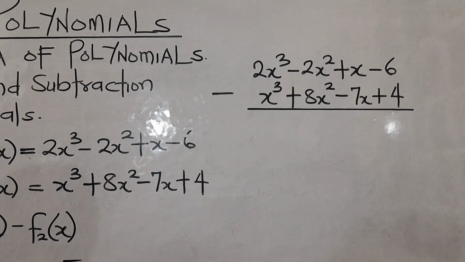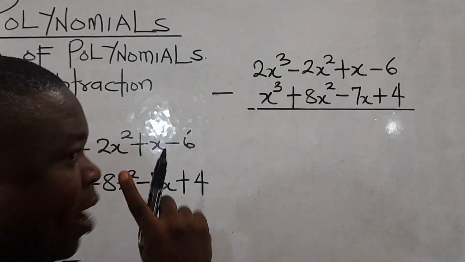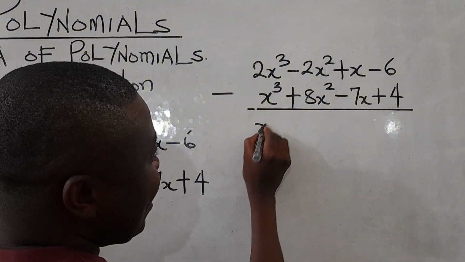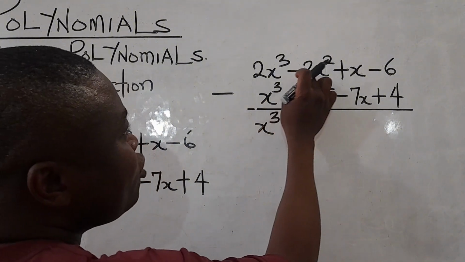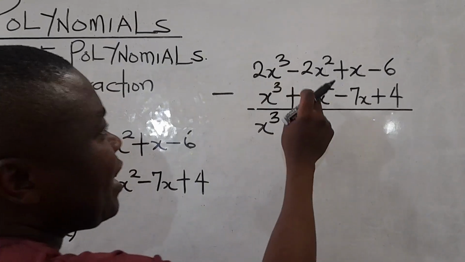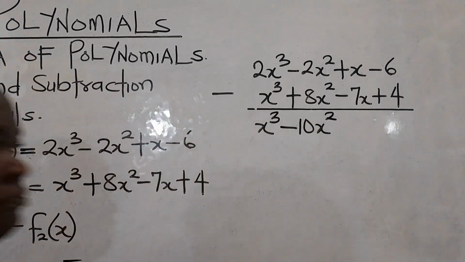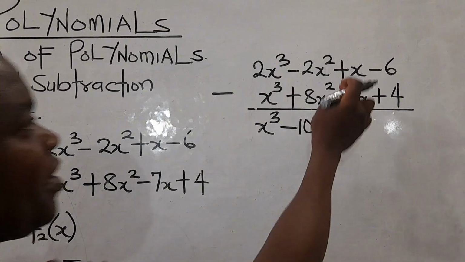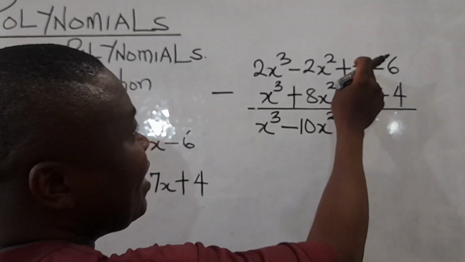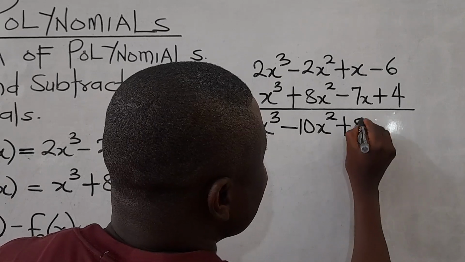So this is 2x cubed minus 1x cubed. Remember, the coefficient here is 1. 2 minus 1 is 1, so you just have 1x cubed, which is the same thing as x cubed. Minus 2 minus plus 8 is minus 2 minus 8, which is minus 10, so minus 10x squared. The next, positive x minus negative 7 means x plus 7, which is 8x.